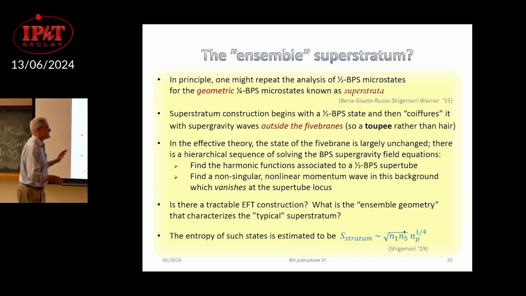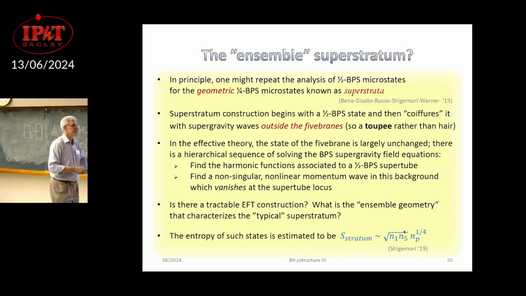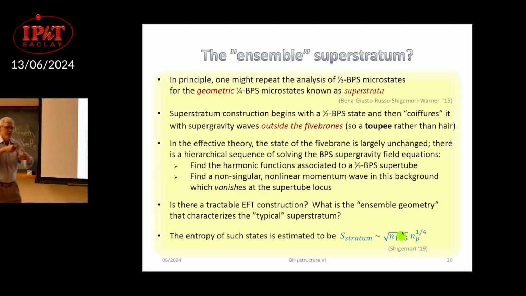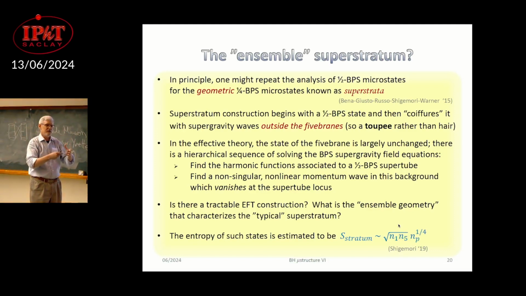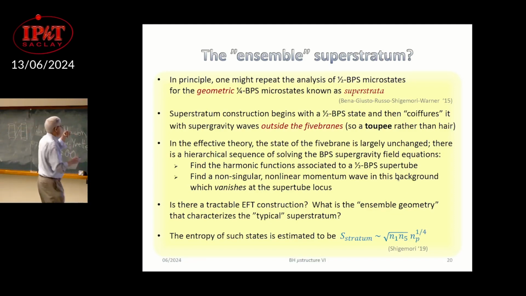And I should say that's maybe a bit of a surprise, because you might have thought, okay, if all I'm doing is taking a two-charge solution and then putting some gas of gravitons outside it, I would expect the entropy to be the entropy of the supertube plus the entropy of the gas of gravitons. But this gas of gravitons knows about the supertube because, how does it know about the supertube?